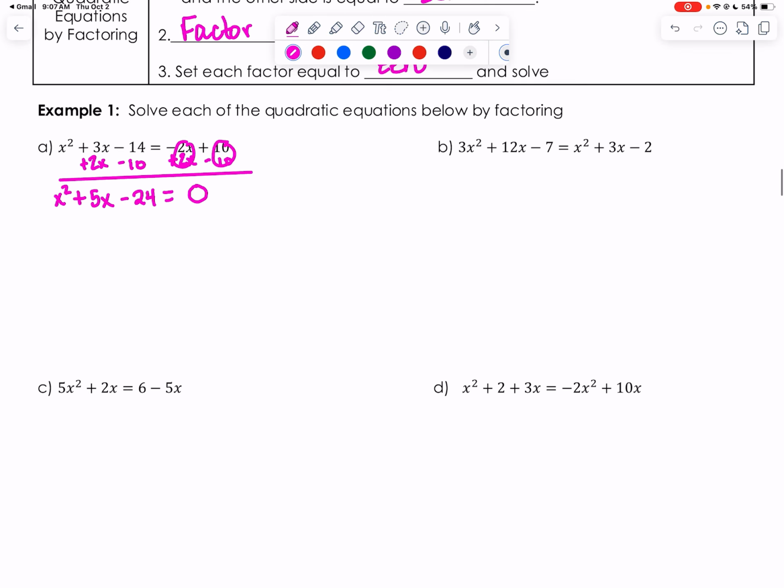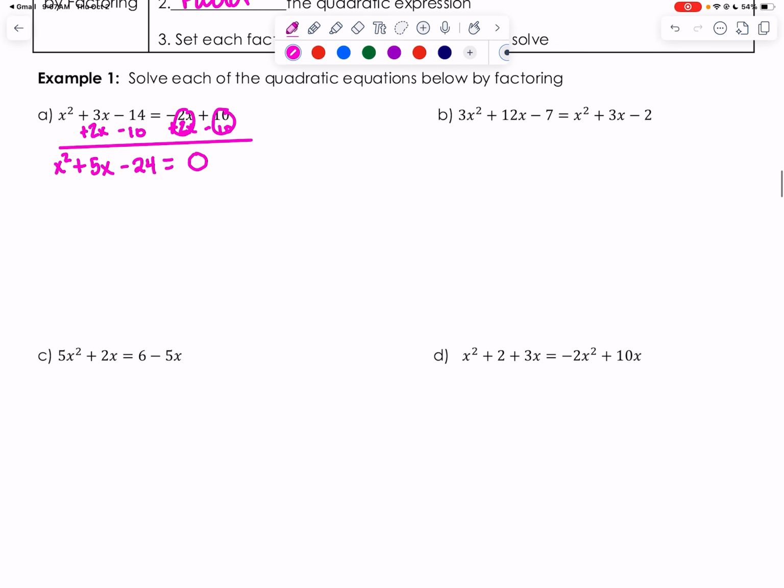Step 2 is to factor the quadratic expression. So to factor it means I'm going to split it into the 2 factors that when you multiply them together will give you x squared plus 5x minus 24. So to factor this, you'll start with your first term. To get x squared, we would have to use x times x.